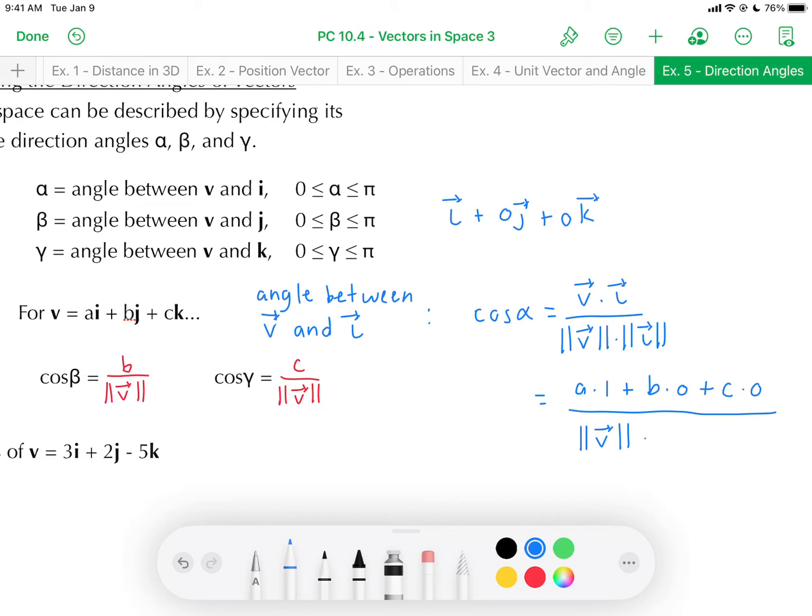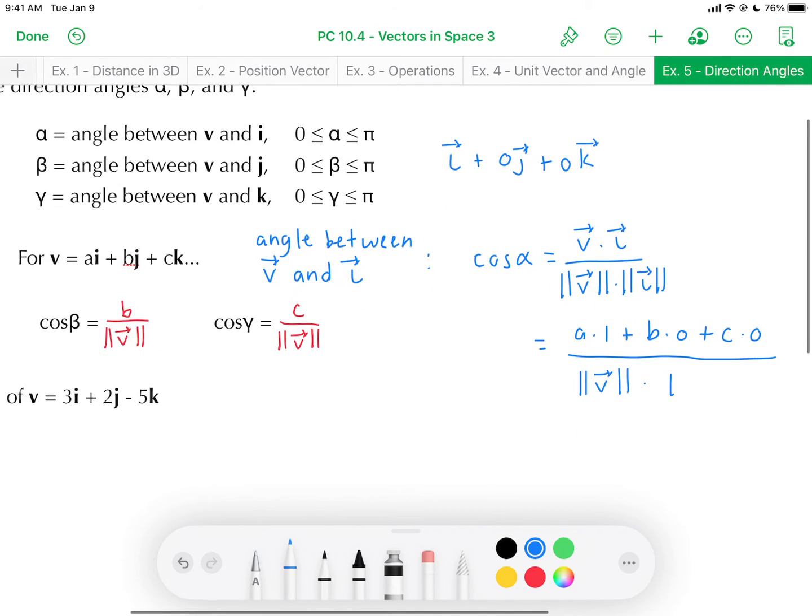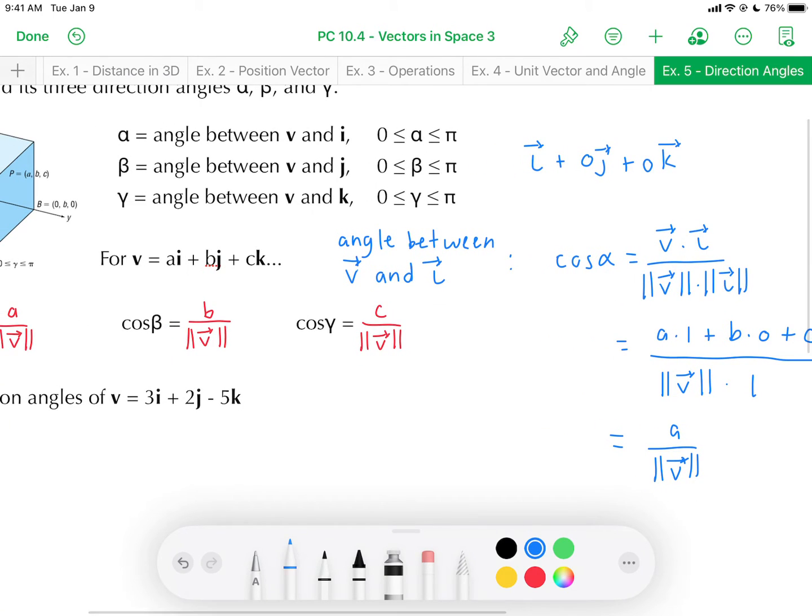What's the magnitude for any unit vector? 1. So notice what this simplifies to. a plus 0 is just a divided by the magnitude of vector v. So that's where these shortcut formulas come from.